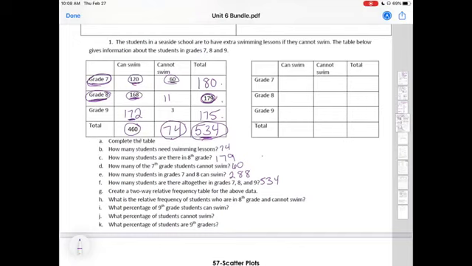This is where I take each box and divide it by my total. So 120 divided by 534, rounded, is 0.22 or 22%. 60 divided by 534 is 0.11. 180 divided by 534 is 33.33, so 33%, which makes sense because 22% plus 11% is 33%.